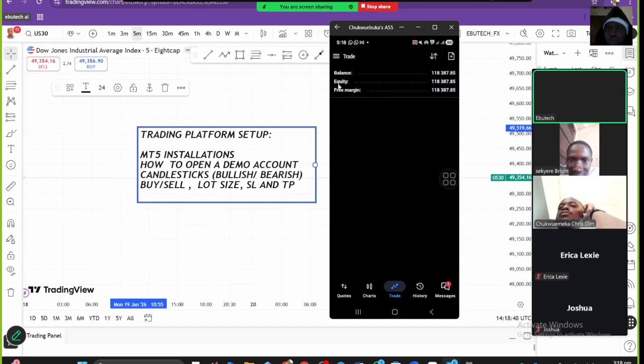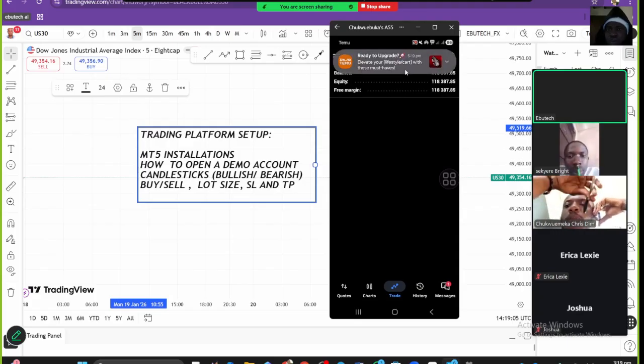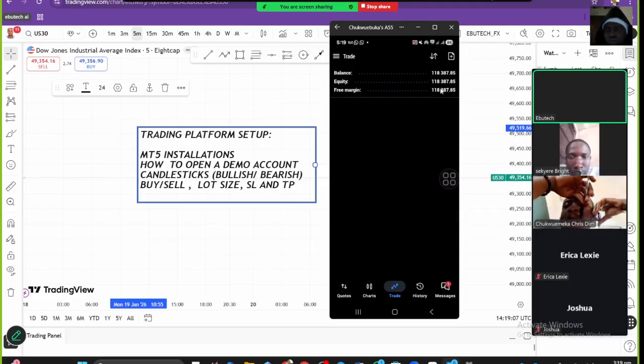Then we have equity and we have free margin. Do you understand? So once you create the account, the broker will give you equity and free margin. This is where you see your equity and your free margin. Understood? So that when you see this, you do not get confused.